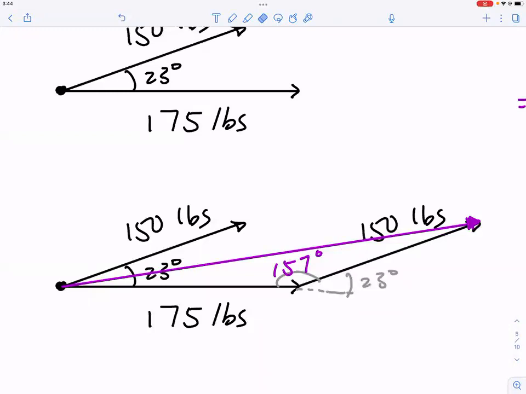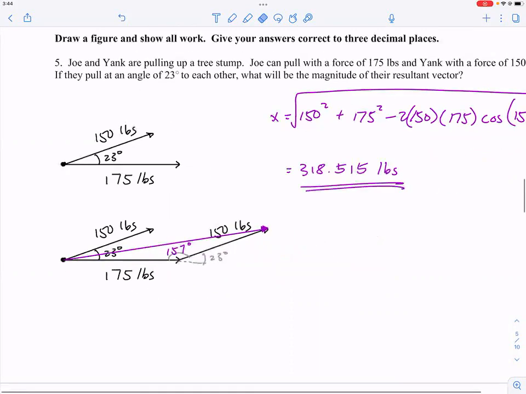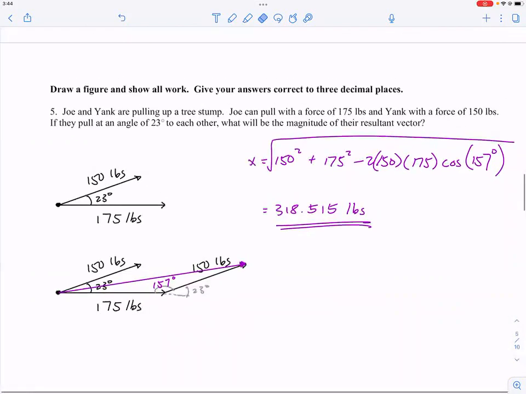It does not cut the 23-degree angle into two halves. Those people who wrongfully assume that it's half of 23 tend to use law of sines instead of law of cosines. So that's the main problem.